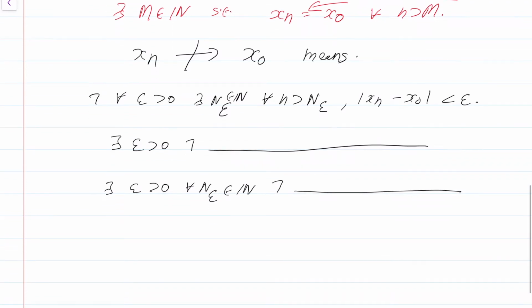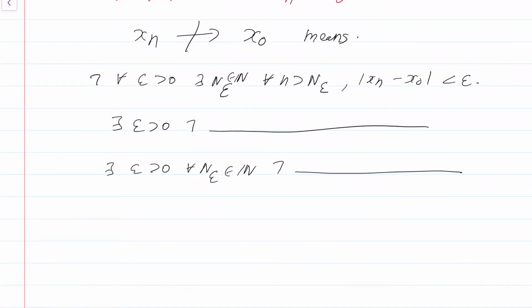The next step is fairly easy. We change for each n greater than n epsilon to there exists n greater than n epsilon. Then the final negation goes into mod xn minus x naught less than epsilon, and the negation of that is mod xn minus x naught is greater than or equal to epsilon.